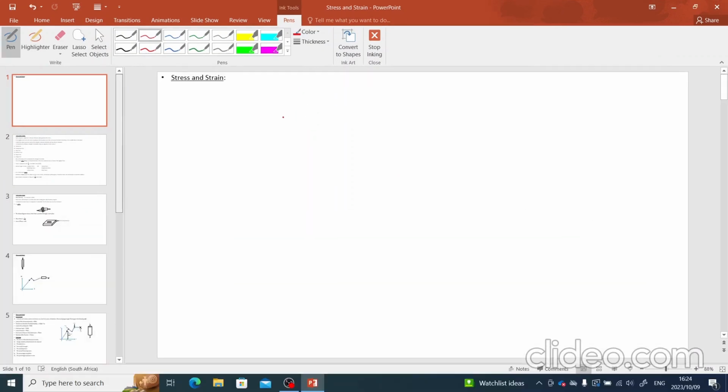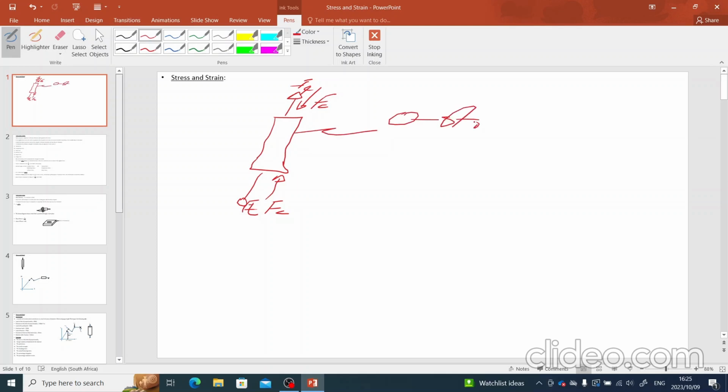Remember in N4, we said when the material, like this test piece, is subjected to the force applied, whether the force applied is tensile or compression, it doesn't matter, this material will experience stress as a result of the force applied.